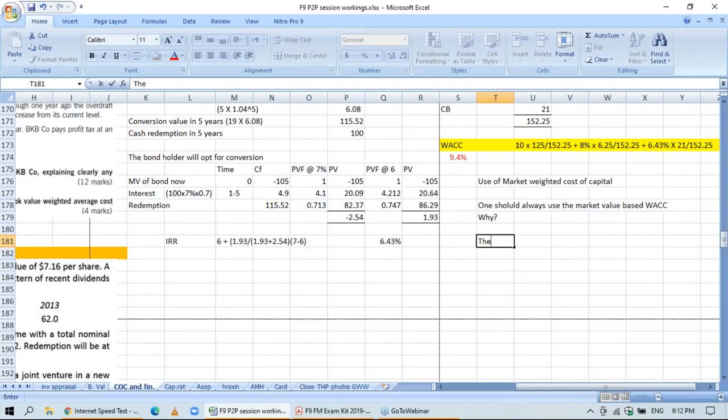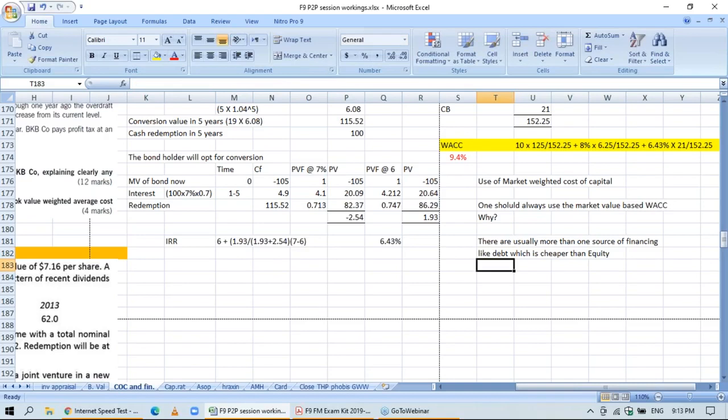let me go a little bit more deeper in it. There are usually more than one source of finance, like debt, which is cheaper than equity, right?